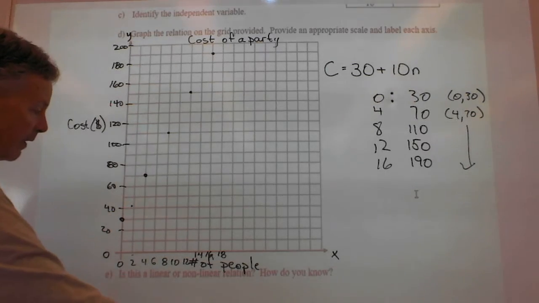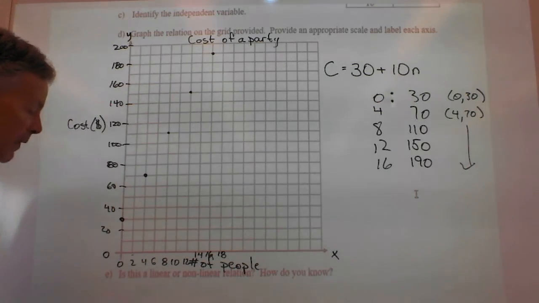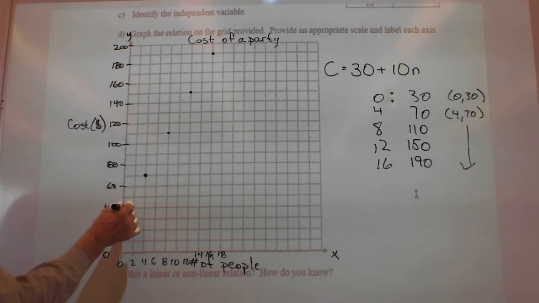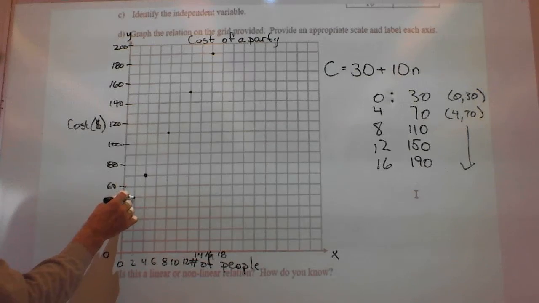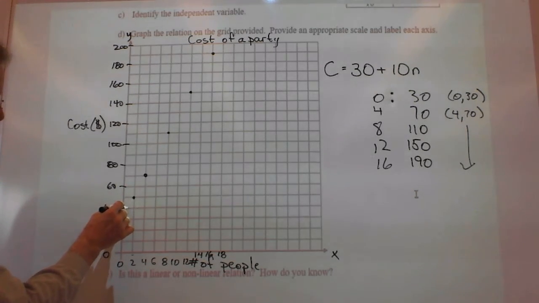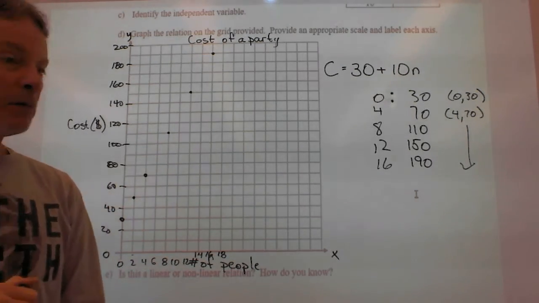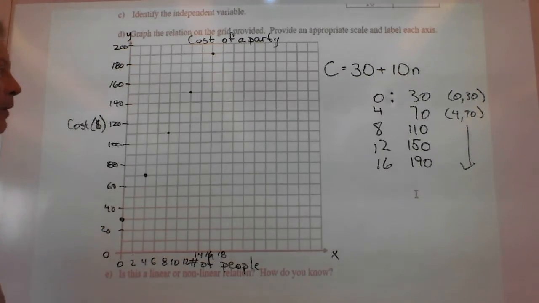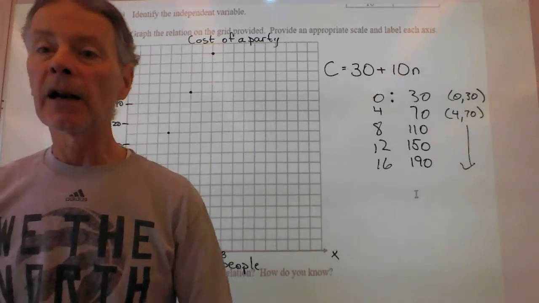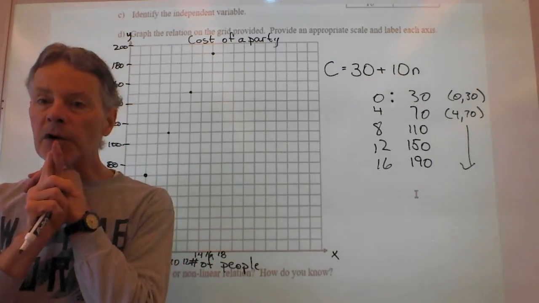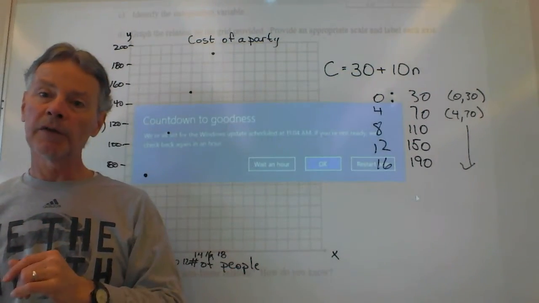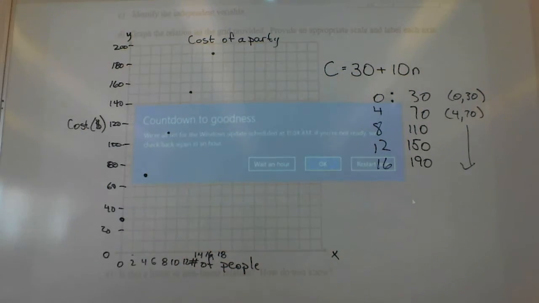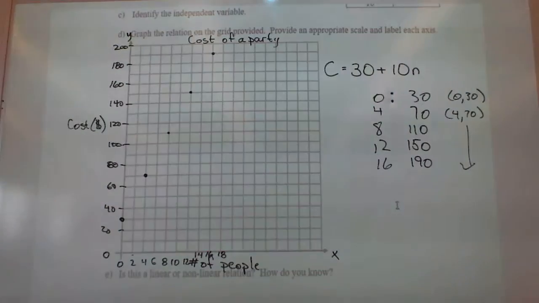You can't have in-between values, okay? You could have 2 people, that would be fine, okay? But you can't have anything in between 2 people and 1 person, that would be messy. So, since this is a discrete relation, we don't join the points. Remember that. If you have a discrete relation where you have objects as one of your things, you can't join the points. Okay? So there's our lovely graph.